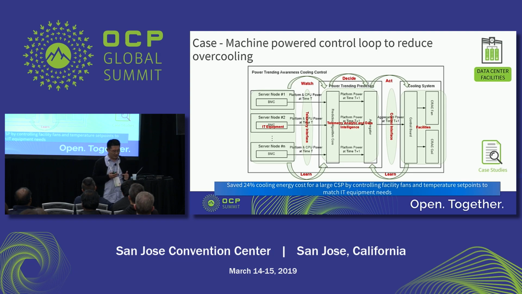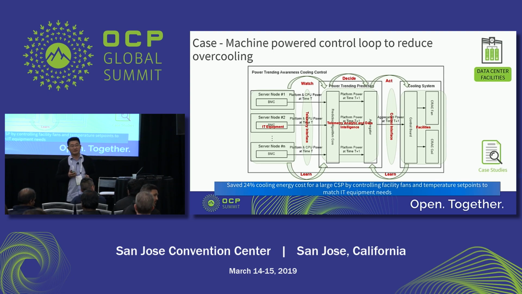In this case, we worked together with a cloud customer, one of our top CSPs, to collect half a year's data to analyze the power trend for each rack. This prediction is based on the rack, and then we summarize the overall power consumption to drive the cooling facility at the data center level.